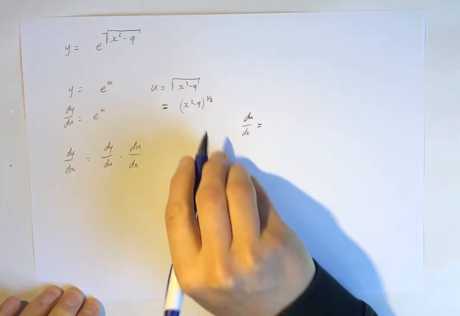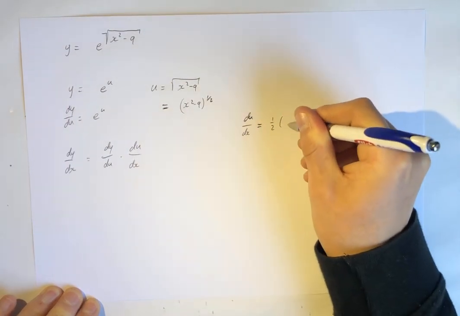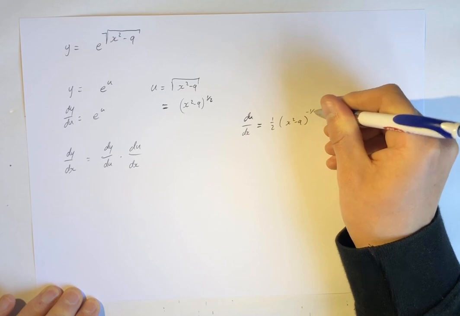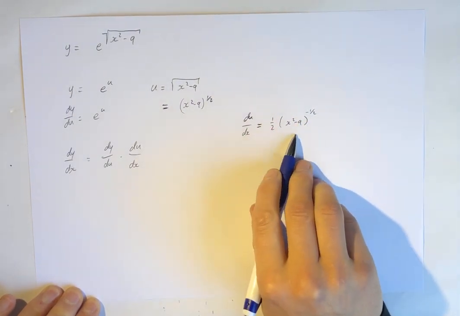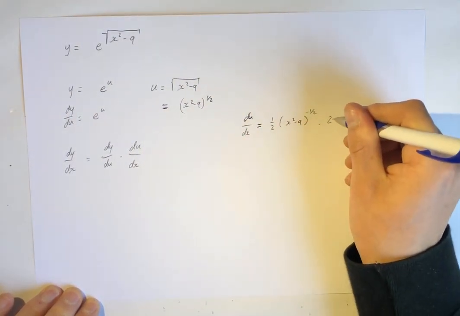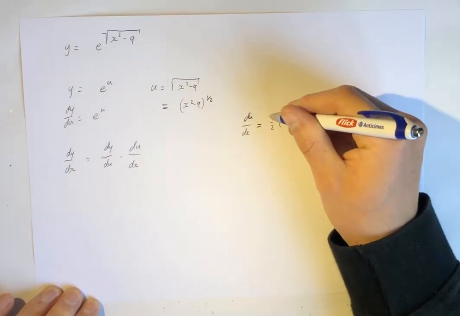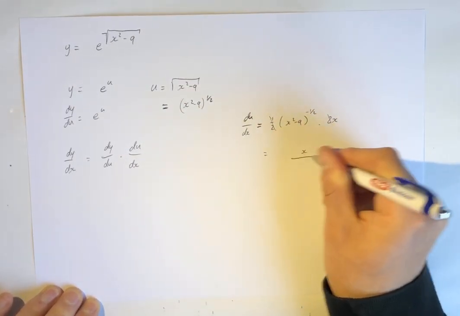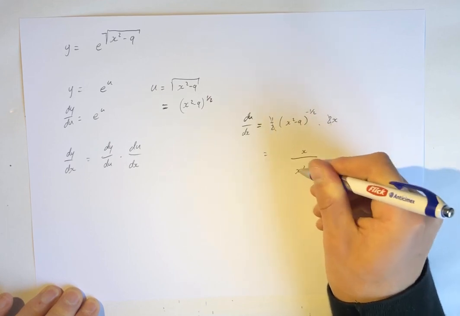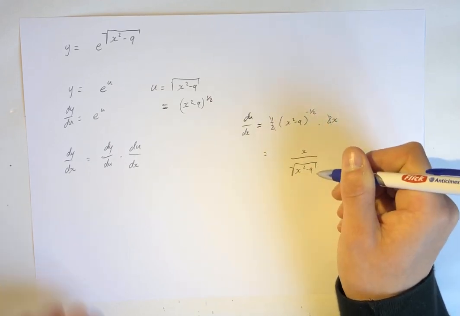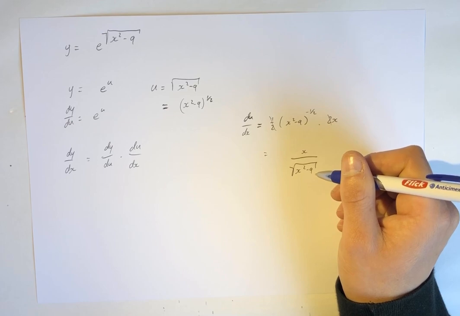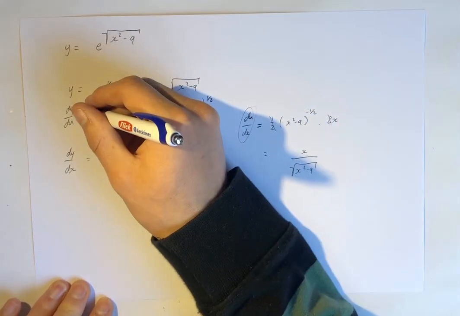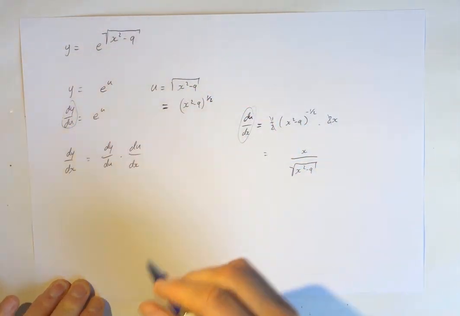Du over dx times by the power, leave the inside function, reduce the power by 1, so to -half, multiply by the derivative of the inside function. Your half and your 2 cancel, we're left with x over the square root of x squared minus 9. And so now we have du dx, we have dy du, we can put this all back in.